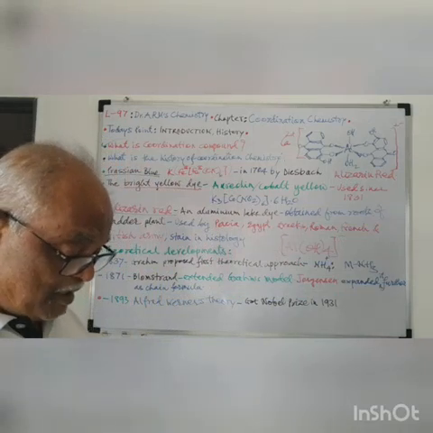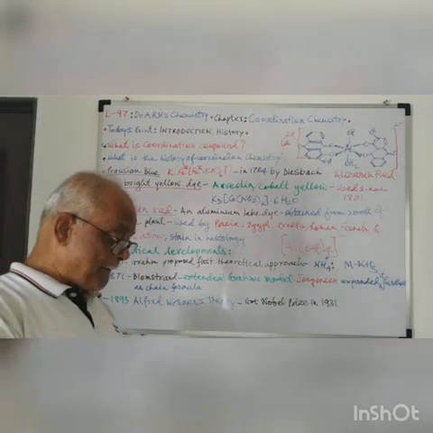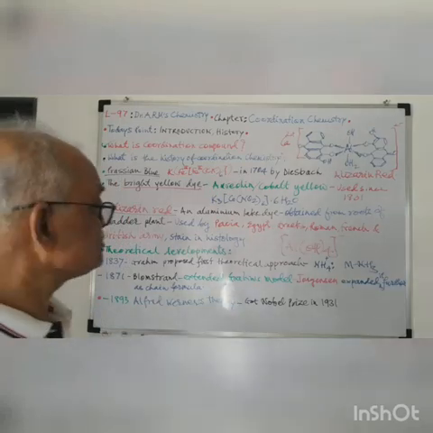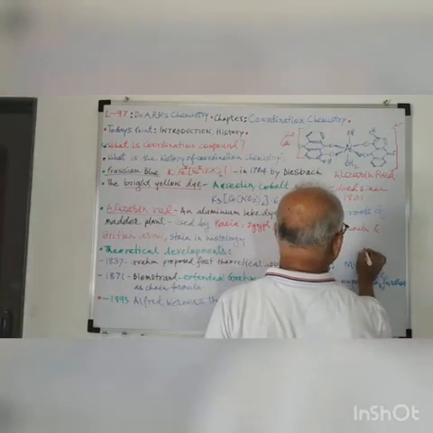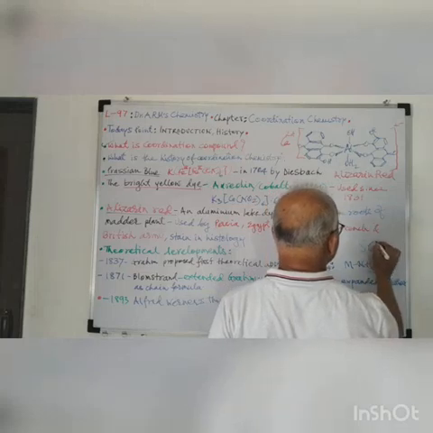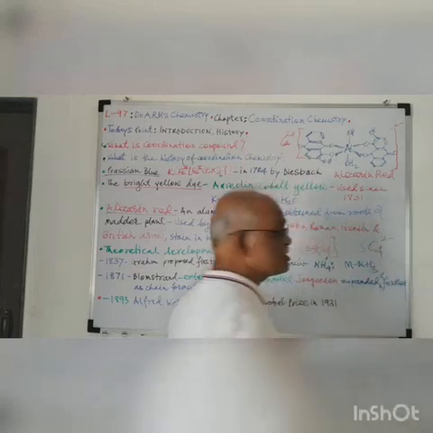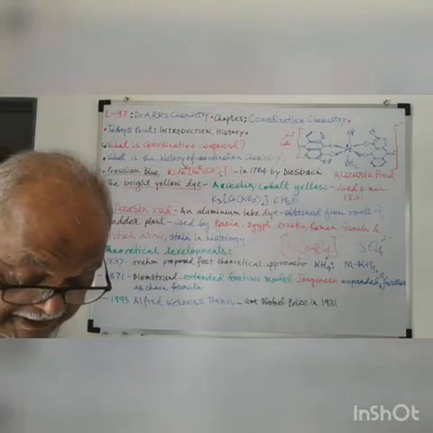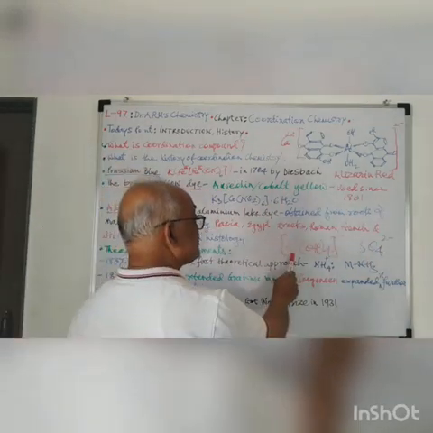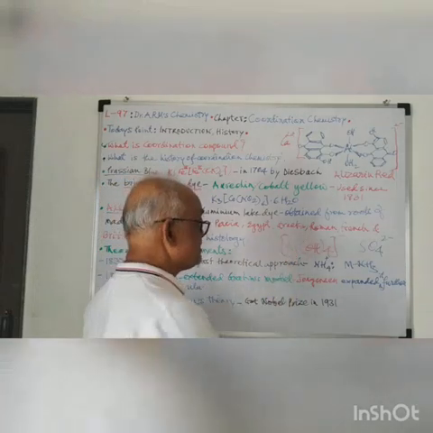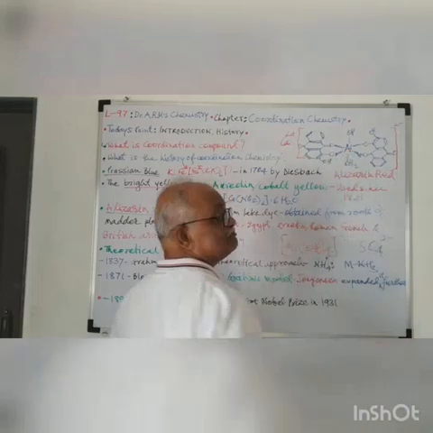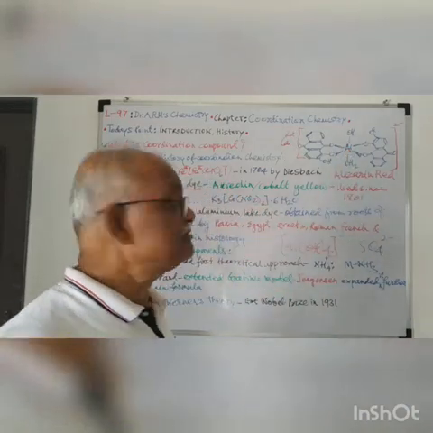But if we compare this with the sulfate group, SO4 2 minus, you will see that here metal is at the center and it is surrounded by 4 such species. Here aluminum is also metal, it is surrounded by various species.